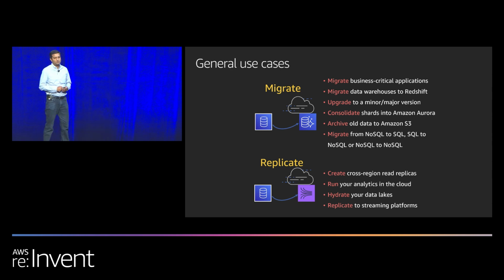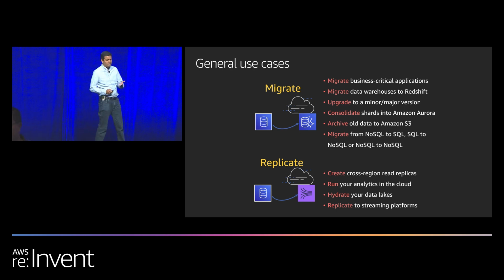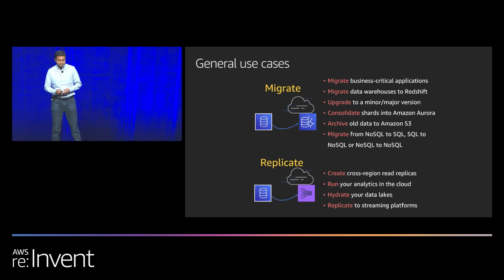It can also be used to migrate data from a data warehouse to Redshift. You can also use it to fan out. Let's say at the source database you have a single monolithic application which is used to store the data for reporting and OLTP. You can use DMS to fan out to multiple services inside the AWS cloud, where for OLTP you can use Aurora, and for reporting you can use Redshift.